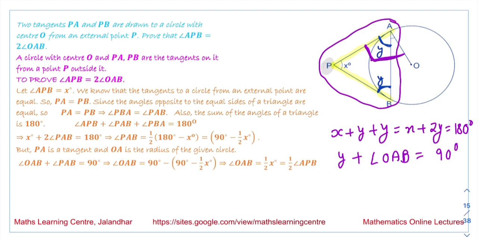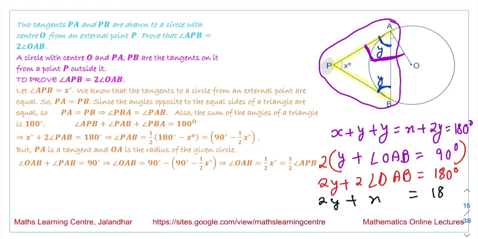If we multiply this second equation by 2, we get 2y plus 2 times angle OAB equal to 180 degrees. The first equation we have is 2y plus x equal to 180 degrees.